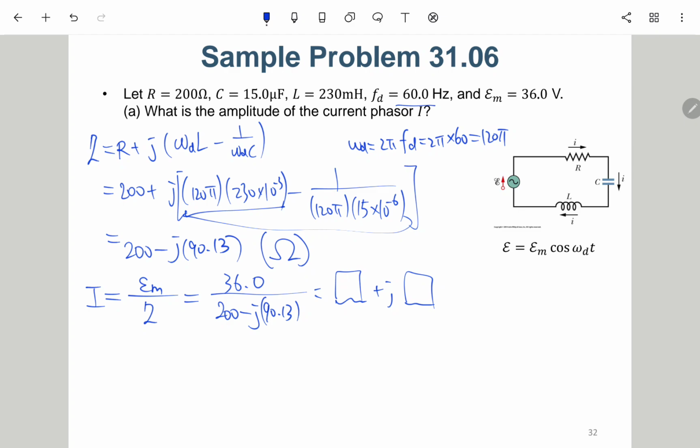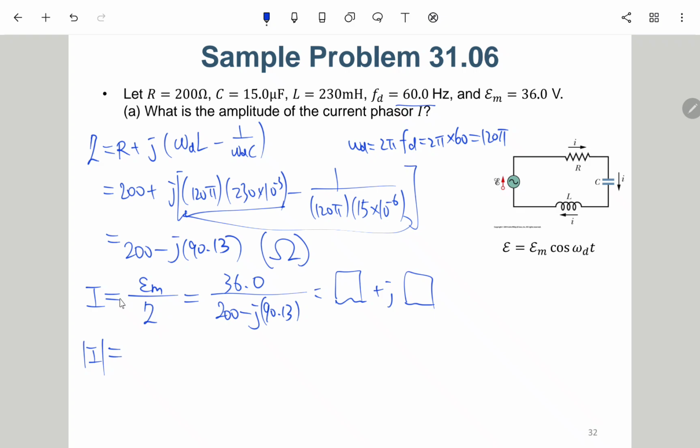But if we would like to compute the absolute value of I, it will be nothing but the absolute value of the numerator divided by the absolute value of the denominator.